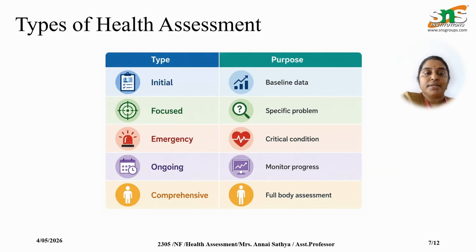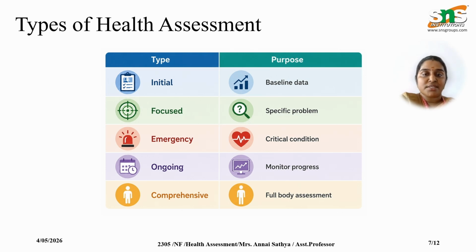So next we move on to the types of health assessment. Here there are different types of health assessment used in nursing practice. Initial assessment is performed during the first contact with the patient. Focused assessment concentrates on a specific problem such as if the patient is having pain or breathing difficulties, etc. Emergency assessment is done quickly during emergency situations to save the life.